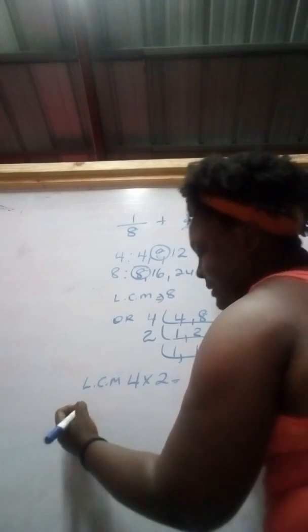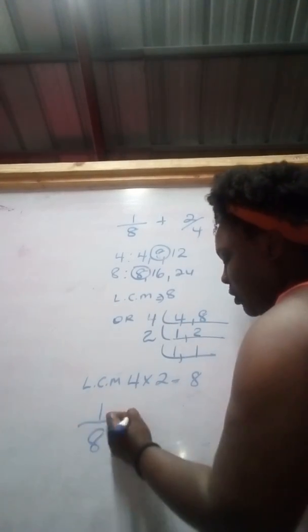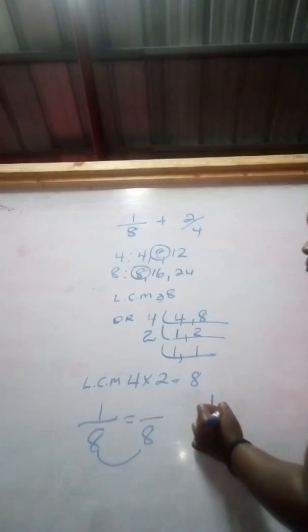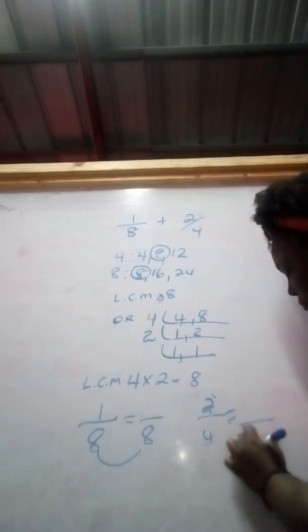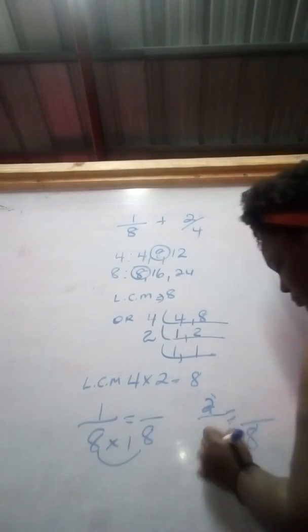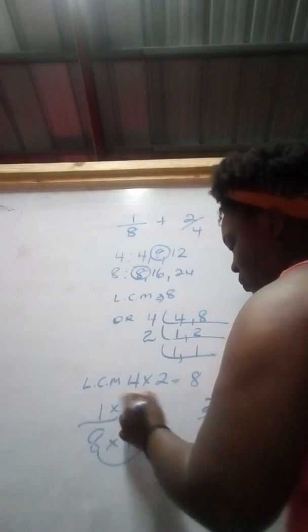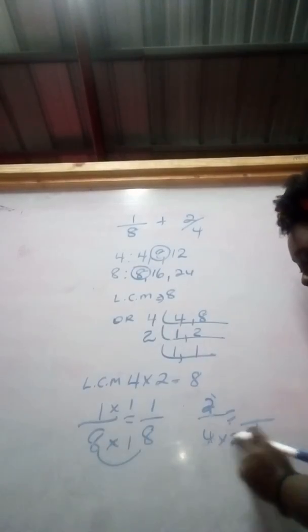Now that we have our LCM, we can change our fractions to equivalent fractions with the same denominator. What multiplied by 8 will give us 8? 1. What multiplied by 4 would give us 8? 2, because 4 2s are 8.